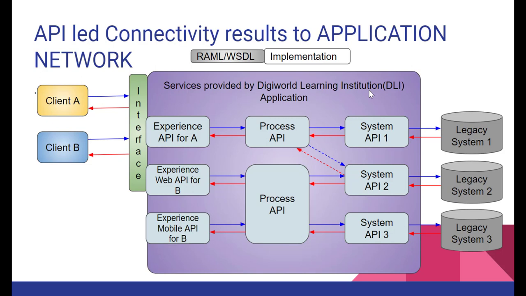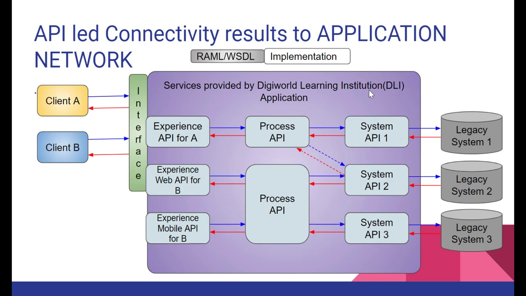In that case, there would be interconnectivity between the applications. And how will that be done? That will be done via intercommunication between the process APIs, or from the process API of application 3, you can connect to the system API of application 1. By doing that, you can say some application network is being built. So how does this happen?